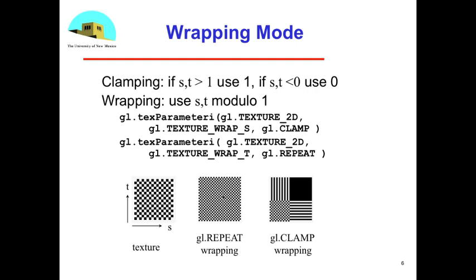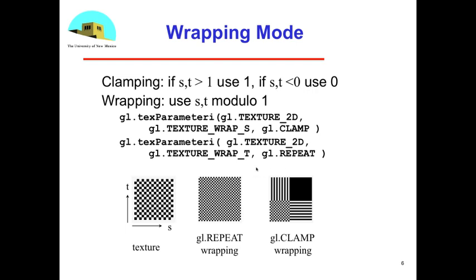Now you may not want to do that. You may want to wrap them around, and so that's the wrap parameter. If you just want to have it clamped at the end, so GL repeat, what it does is evaluate modulo 1. What clamp does is say just take the value at 1, and if I give you a value of S or T greater than 1, then use the value at 1.